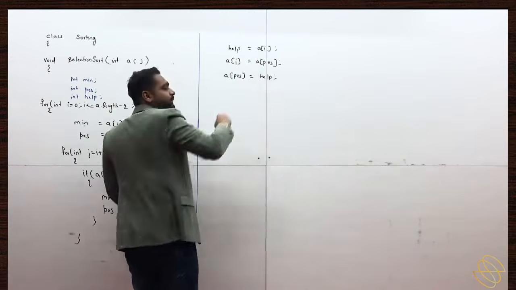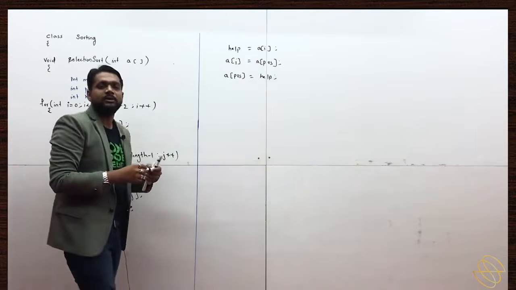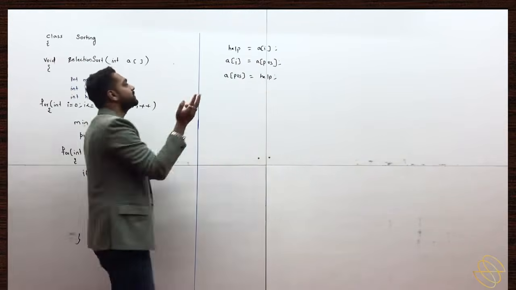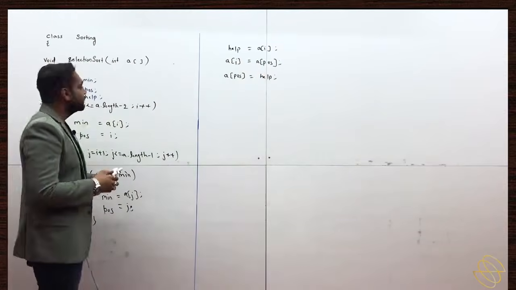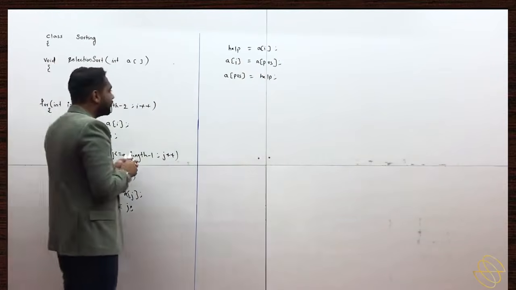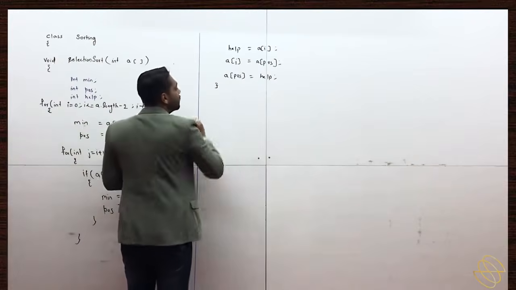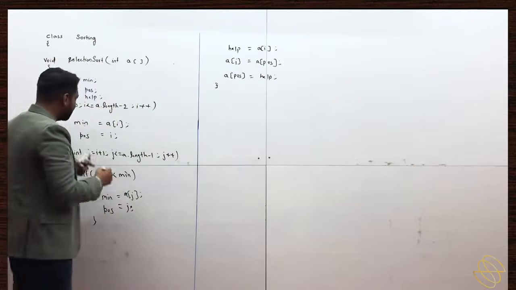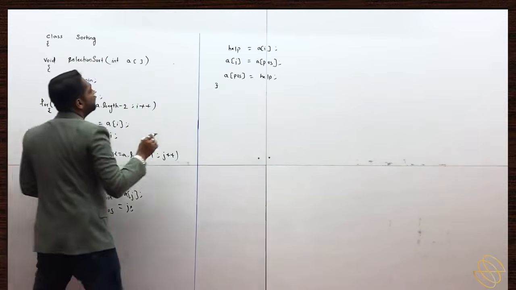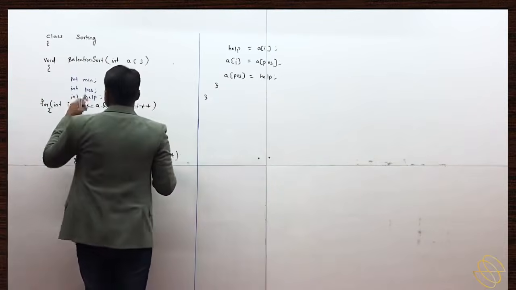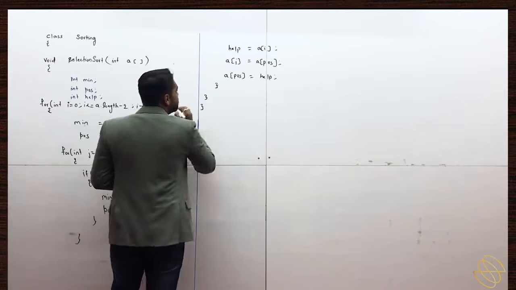This is how you swap the contents of two memory locations. I have swapped array[i] and array[pos] by using a helping variable. That is the opening of the for, this is the closing of the for. By the time both these loops get executed, array content should be sorted. That is the opening of the method, this is the closing of the method, that is the opening of the class, this is the closing of the class.